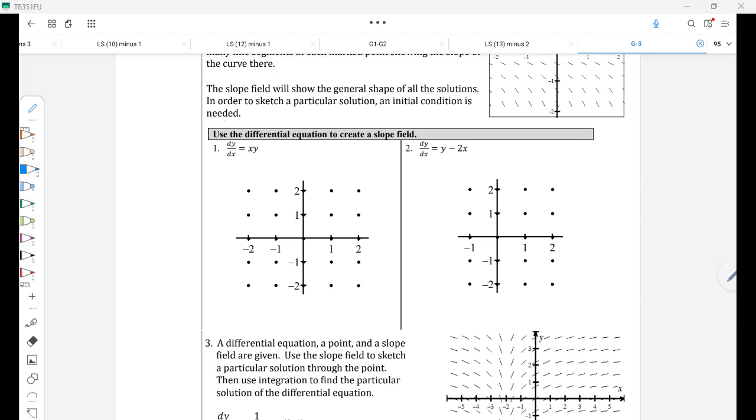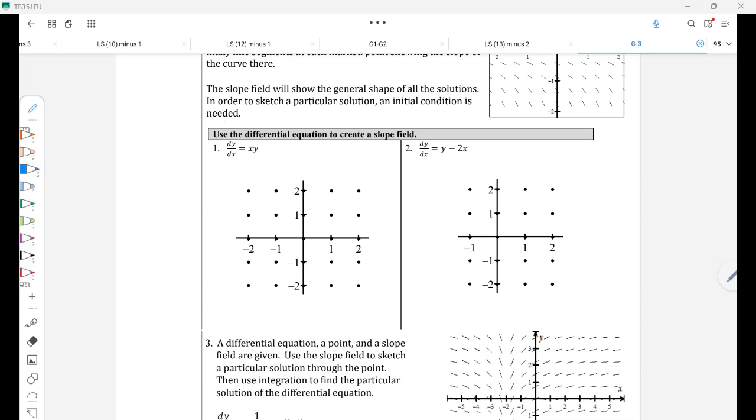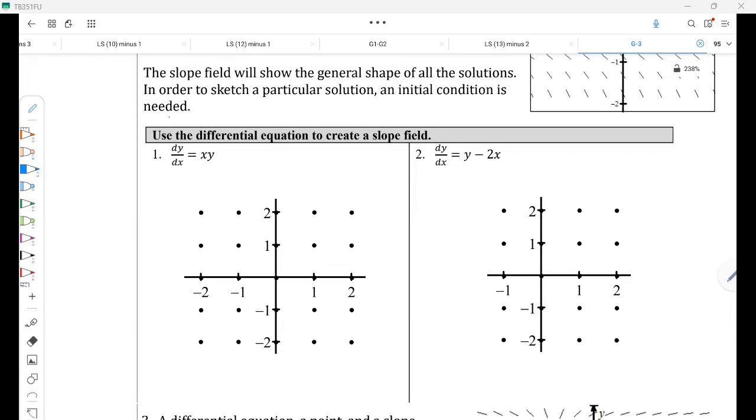So the first differential equation we have is dy/dx equals x times y. We make a slope field by taking a look at all of those points, those coordinates, and multiplying the x coordinate by the y coordinate. One of the ways that I like to do this, just for organization purposes, is to go down the columns, write the numbers in, and then draw the slopes.